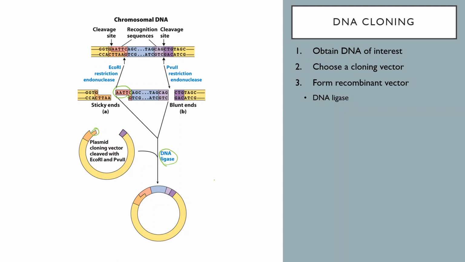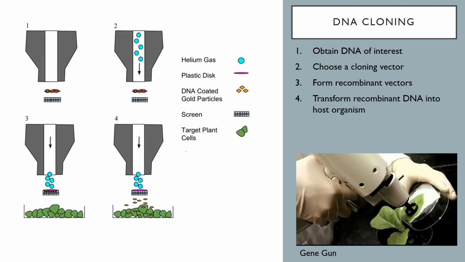Then our combined recombinant vector now has a complete DNA circle. Of course it reforms the sugar phosphate backbone, so it's actually creating a covalent bond between the plasmid DNA and your target DNA.